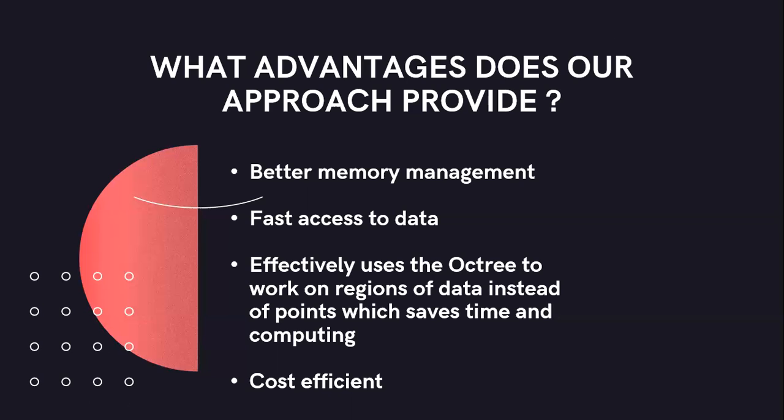Next, since our approach uses Octree to work on regions instead of points, through our structure we get regions which are mostly a big group of points. So, going from one empty region to another instead of traversing through points saves time and computing.